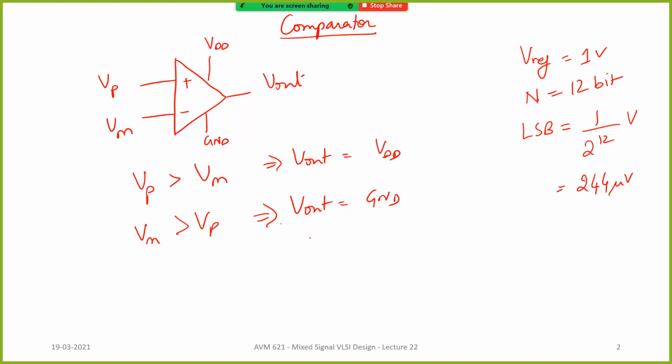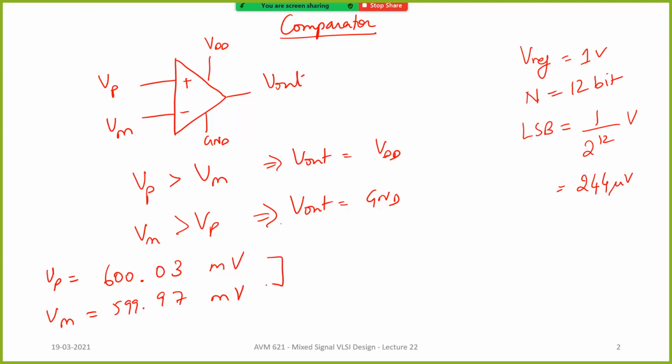The question is, let me give you an example. Let's say VP is 600.03 millivolt, and VM is 599.97 millivolt.